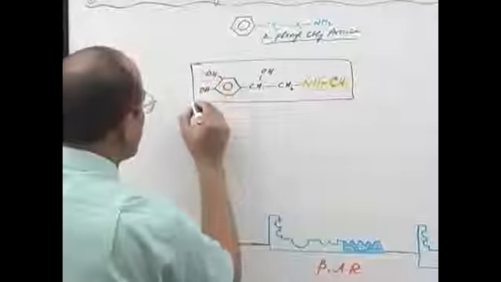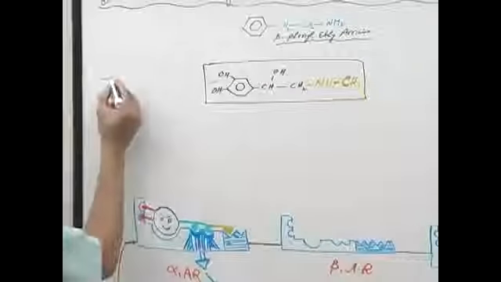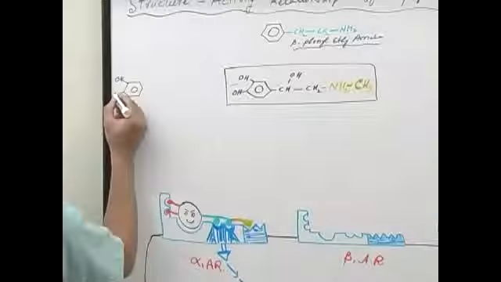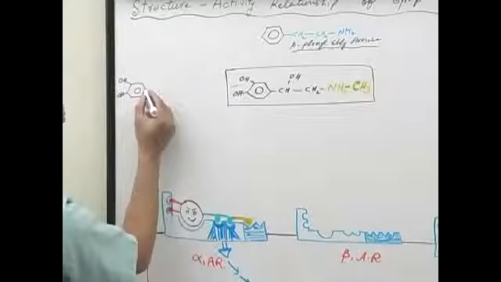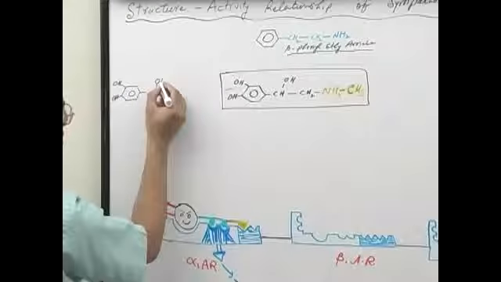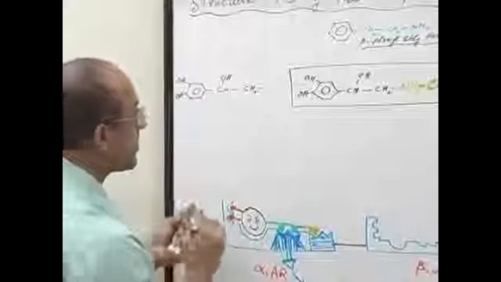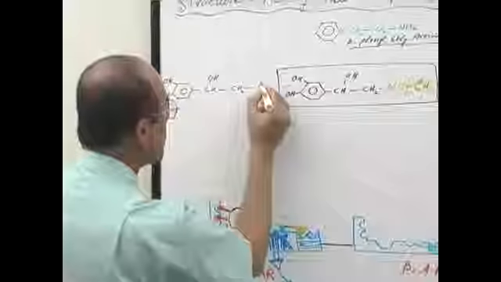I will make another compound here. Compare the structure. Benzene ring, double hydroxylation, so it is also going to be a catecholamine, CHOH, CH2, and only NH2.